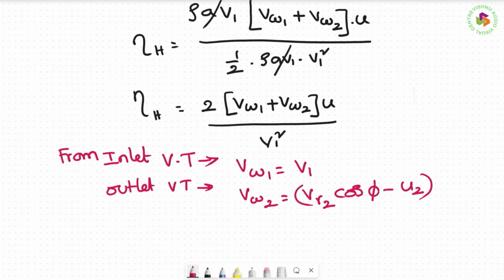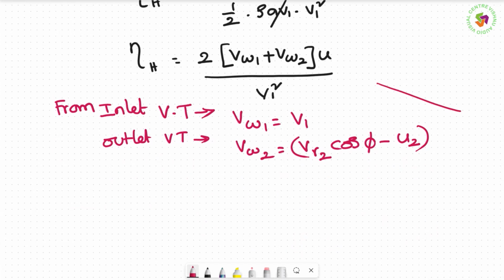Please check it. If you want, once again I will draw. This is VR2, this is phi, this is U2, this is V2, this is VW2, VF2. So VW2 is nothing but VR2 cos phi minus U2.